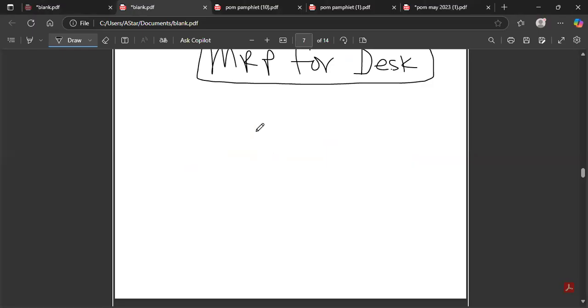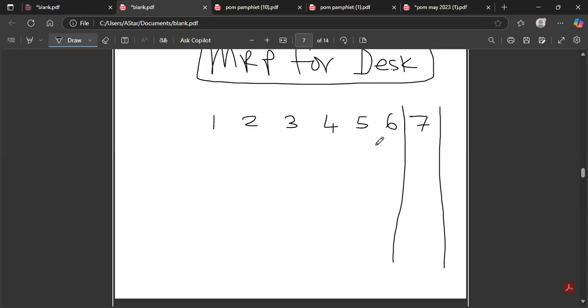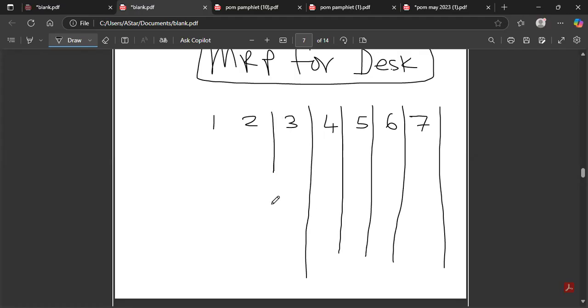It has only 7 days, so you have 1, 2, 3, 4, 5, 6, 7. So start with the desk.